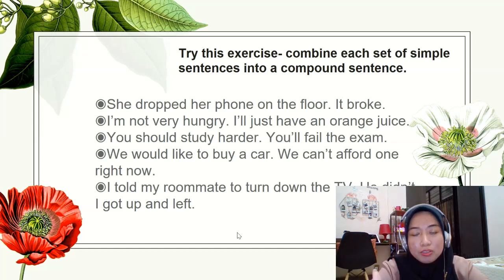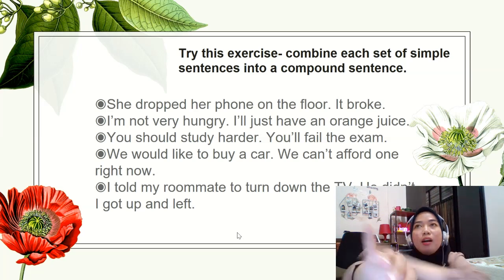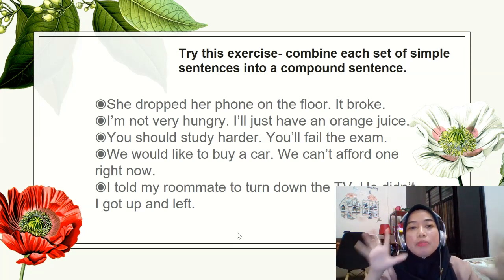I can help you guys on that. So we shall be having a live session on Thursday, but it's not compulsory. If you cannot attend the session, it's fine. All you have to do is just watch the recording. Okay, so please try and do this exercise on your own, and then on Thursday we shall be discussing this exercise.